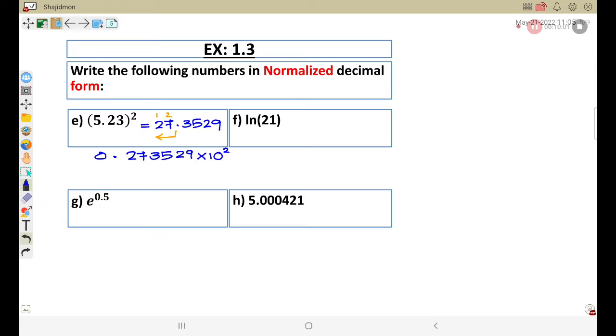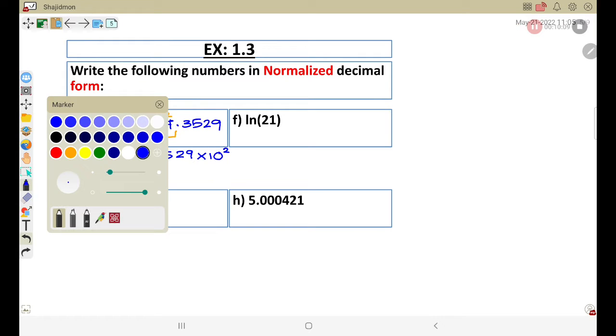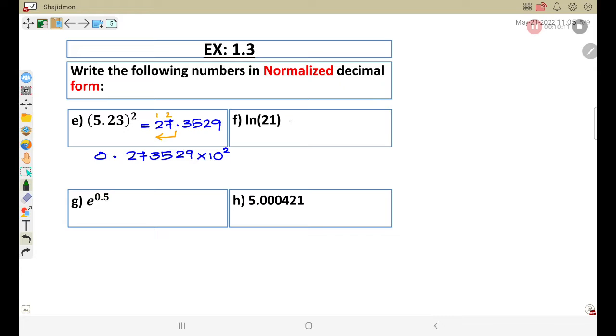Now question number F, ln 21. First we will write the number equals 3.044522438.